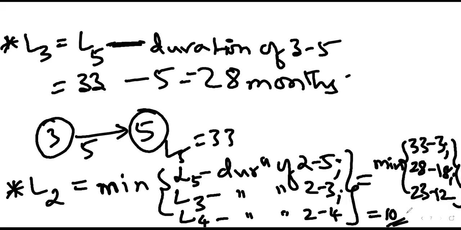Okay. So you have to get it as 10 since duration of 1-2 is also equal to 10. Is it right? So here if you get it as 10, then L1 also will be equal to 0. L1 has to be 0. Whatever may be the problem, L1 will be equal to 0.